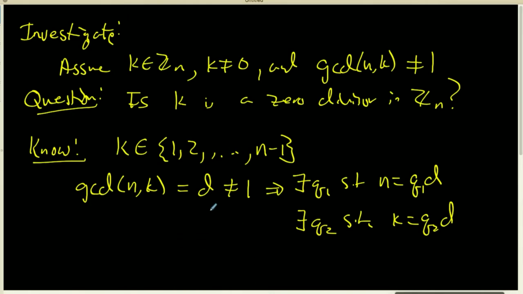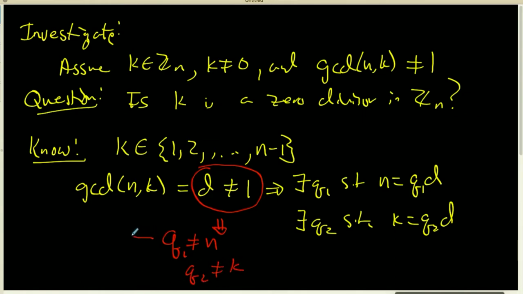But the fact that d is not equal to 1 means that in this particular thing, Q1 can't be equal to n, and in this step, Q2 can't be equal to k. So this fact is going to imply two important things: Q1 cannot be equal to n, and Q2 cannot be equal to k.